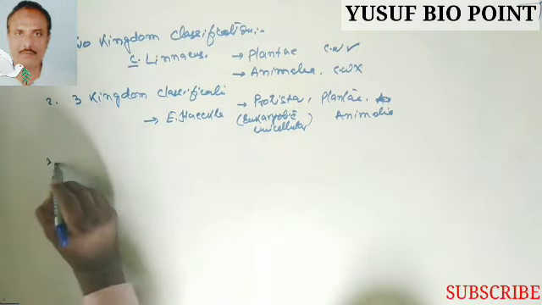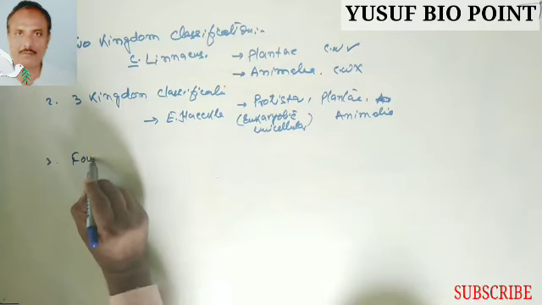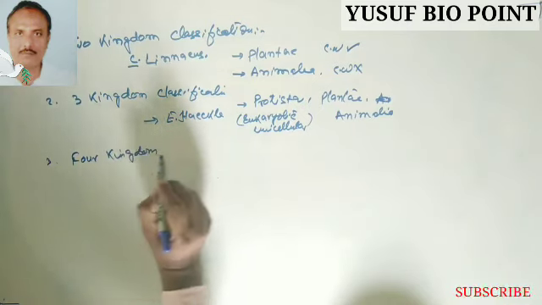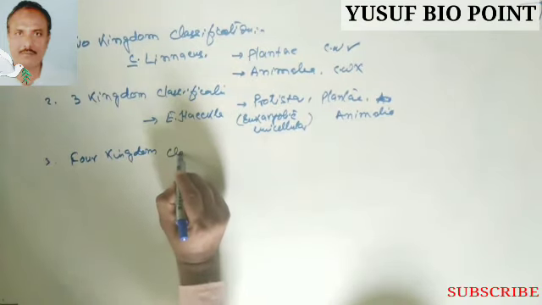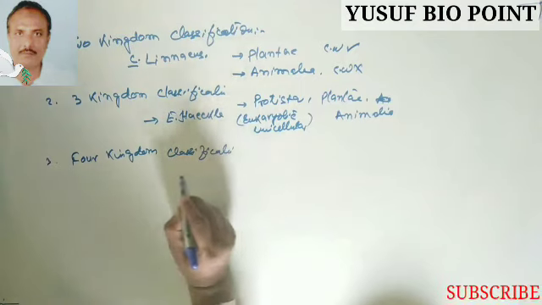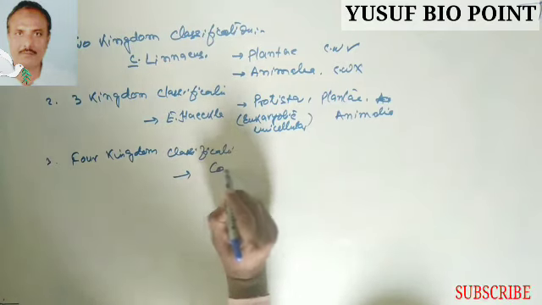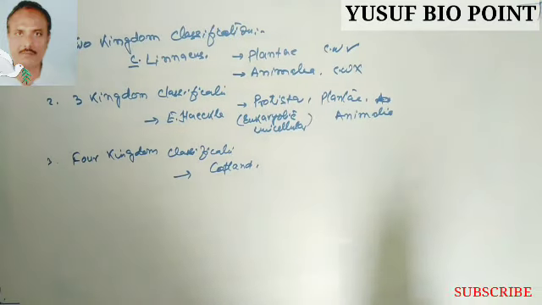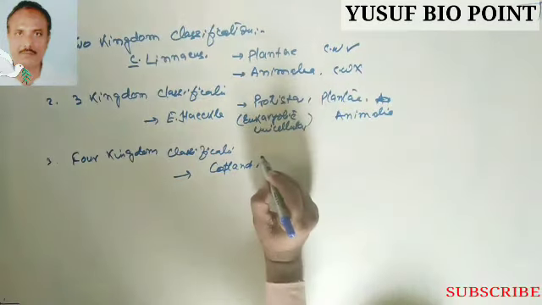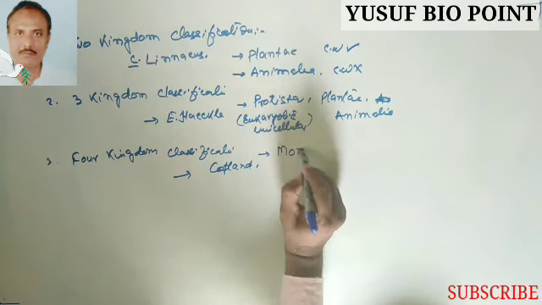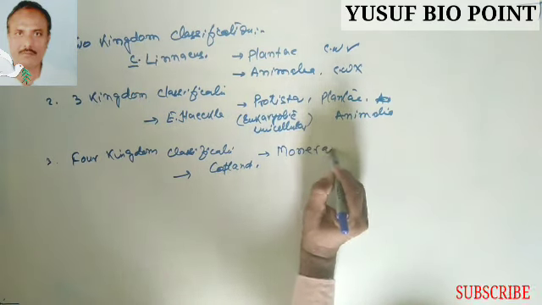Now the four kingdom classification. That is given by Copeland, and he added another kingdom that is known as Monera.